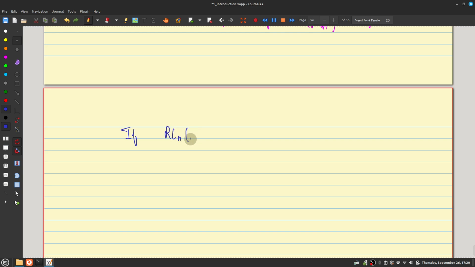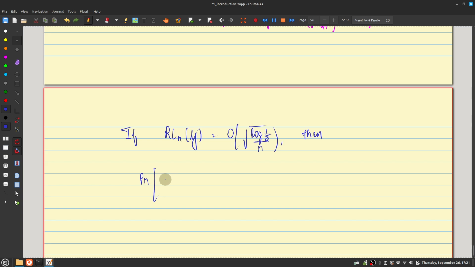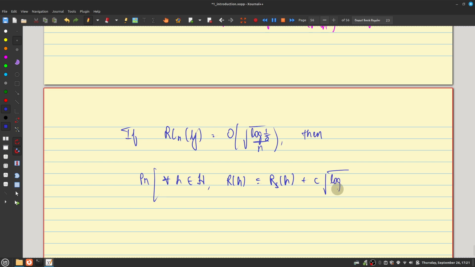Suppose that the Rademacher complexity is order square root log 1 over delta by n, then effectively what the theorem says is that the probability that, let me take the positive statement, for all h in H, R of h is less than or equal to R_S of h plus some constant times square root log 1 over delta by n, is at least 1 minus delta.